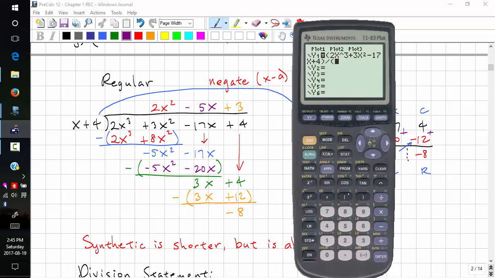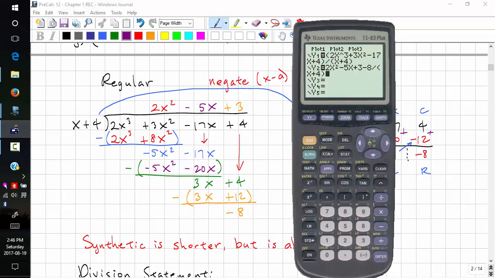And you need brackets around the divisor too, x plus 4. And for the second equation, we have our quotient, 2x squared minus 5x plus 3. And then we take our remainder, that'll be a minus 8, divided by bracket, our divisor, x plus 4.